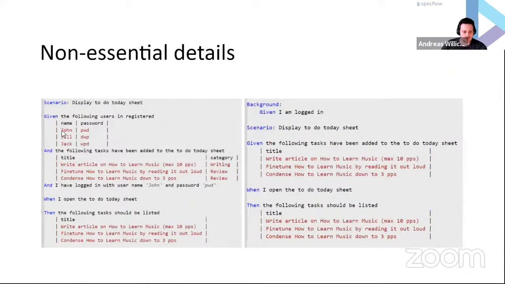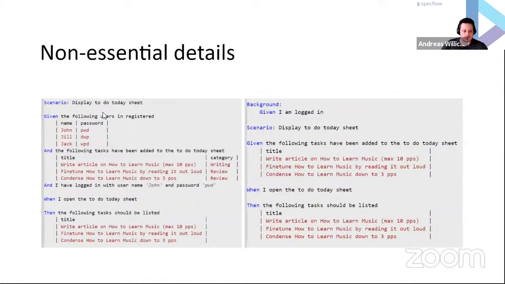So first, we don't need the other two users. And you have this additional step with the application data, and if you change it once, you also have to change it a second time. In that case, you can make a Given I'm logged in and let the automation do the rest.